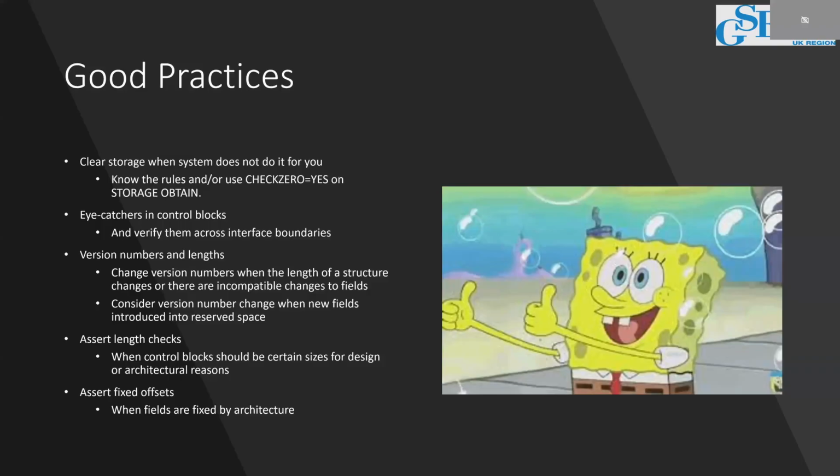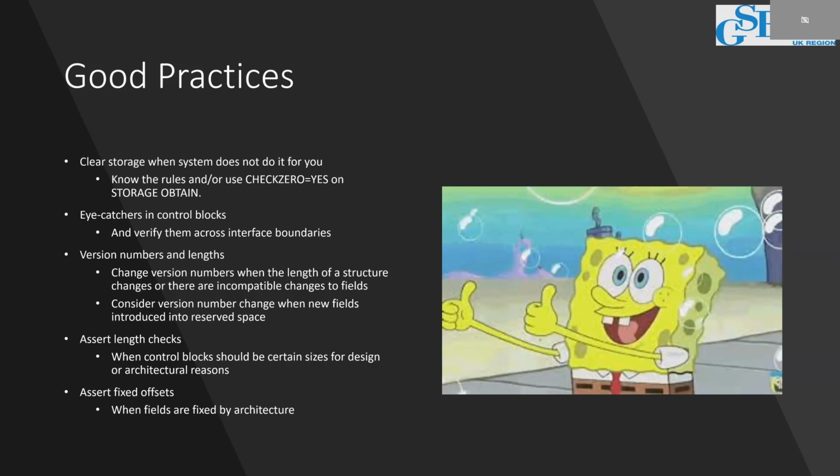Some good practices. Clear storage when the system doesn't do it for you. So there are some rules about when the storage is given back to you cleared, about whether it's storage boundary aligned, size it is. Sometimes the system will clear it for you. Sometimes you'll get it cleared by accident, and sometimes it's not cleared.